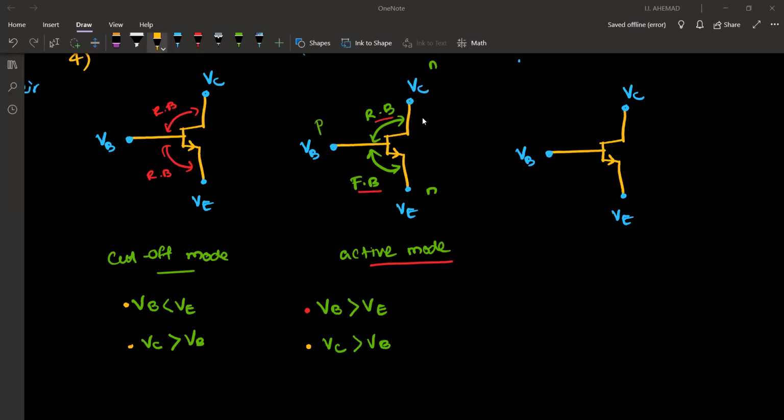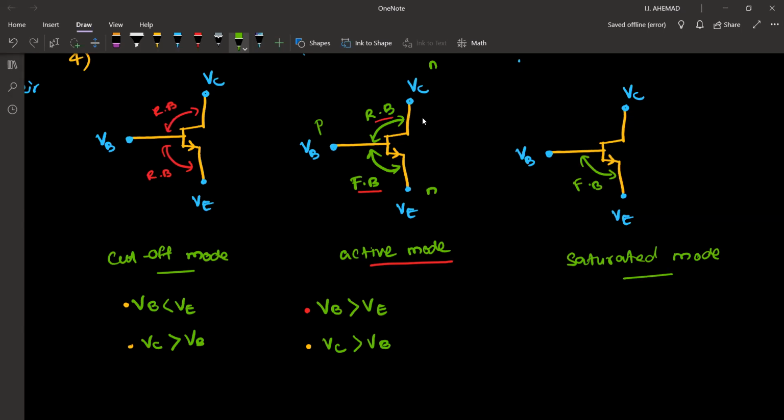Now let's look at saturated mode. For saturated mode, from active mode only we are going to the saturated mode, right? So this is anyhow forward biased, then only the current will flow.